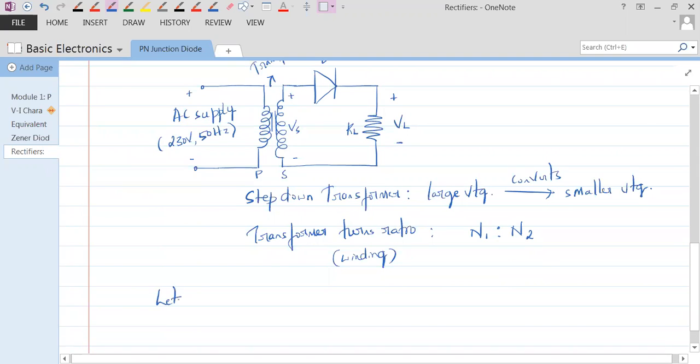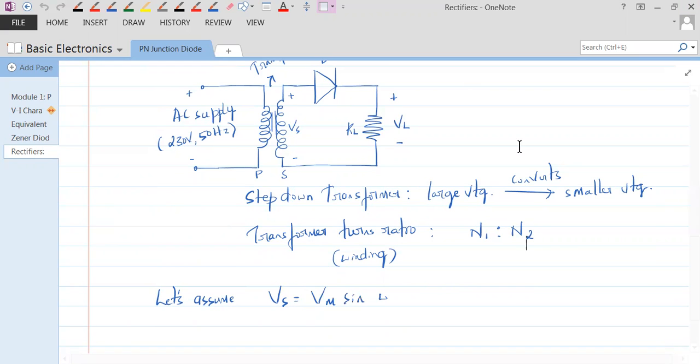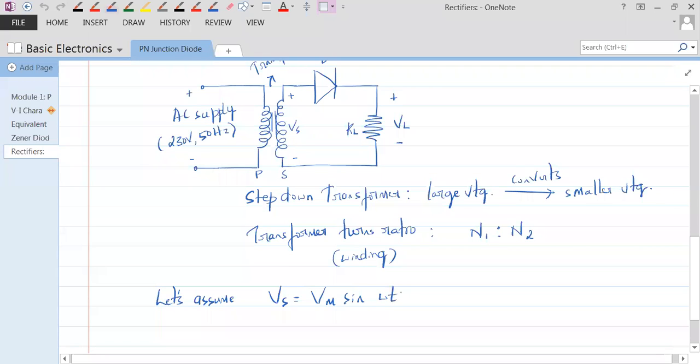Now let's assume Vs as Vm sine omega t. Why is this Vs Vm sine omega t? Can you tell me now?